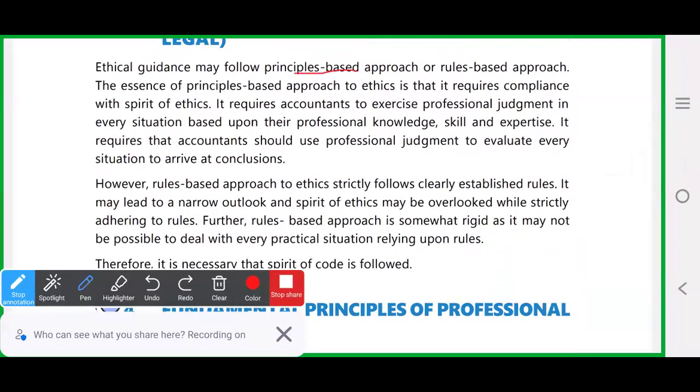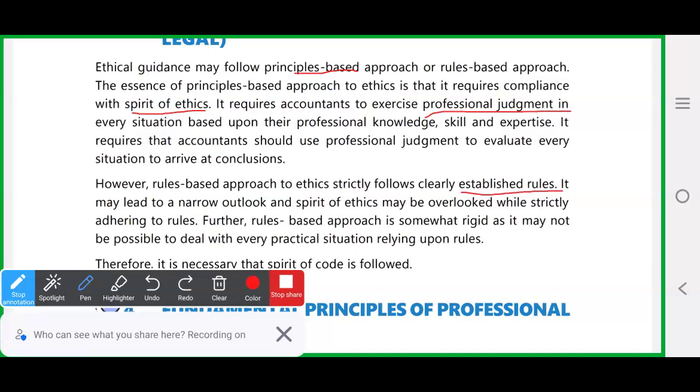The principle-based approach is compliance with the spirit of ethics. Here, accountants need to exercise professional judgment in every situation based upon their professional knowledge, skill, and expertise. Whereas the rule-based approach strictly follows clearly established rules.